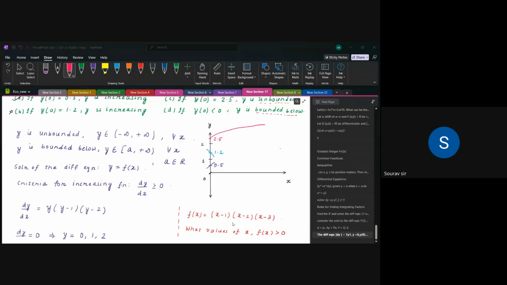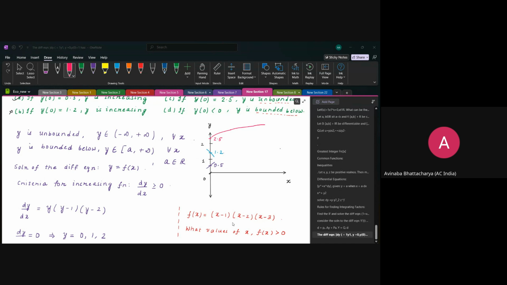So we don't have enough information from this to say that y will be unbounded below. Correct? Okay. Is it making sense to all of you?